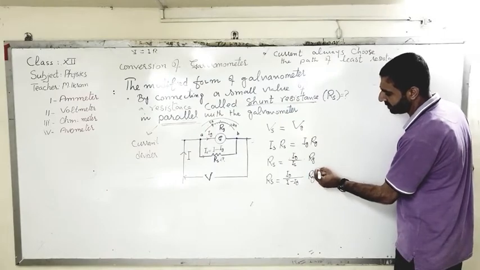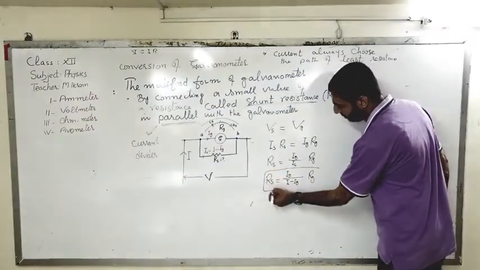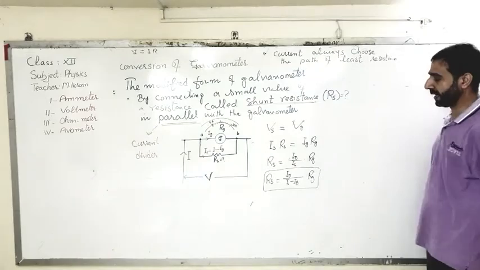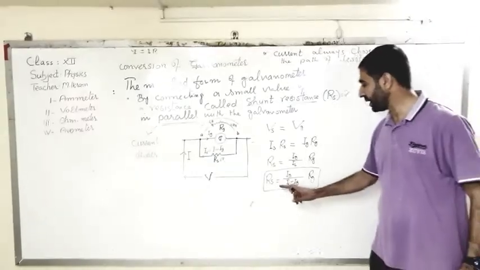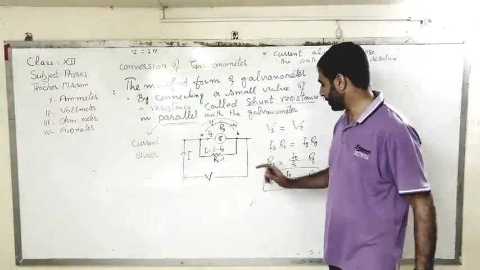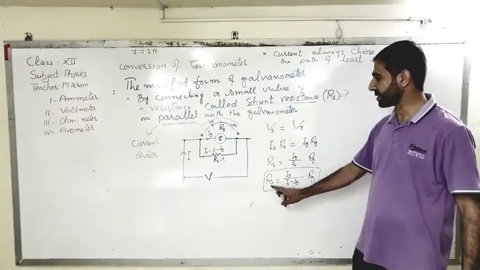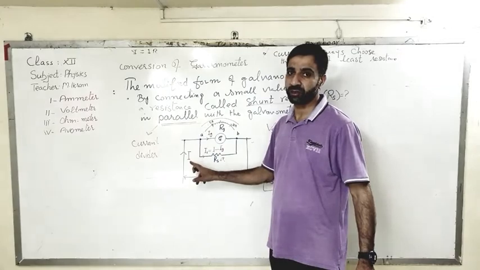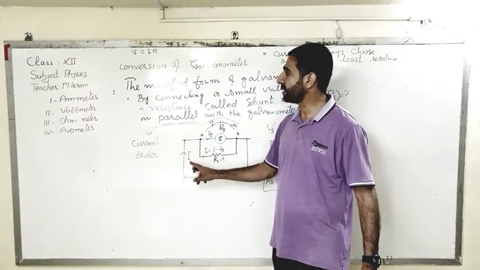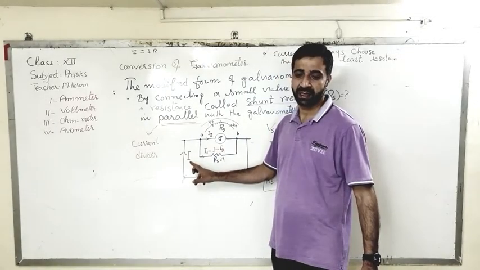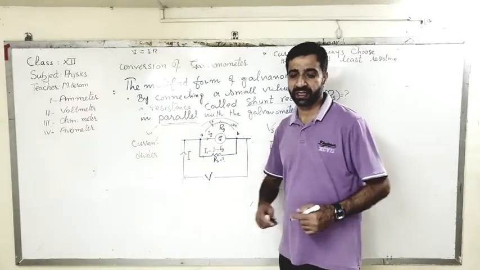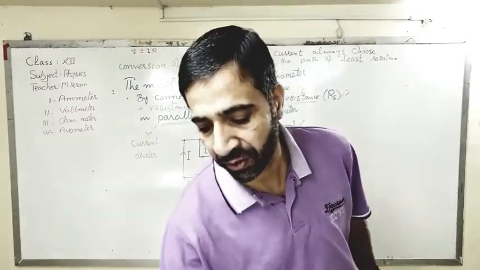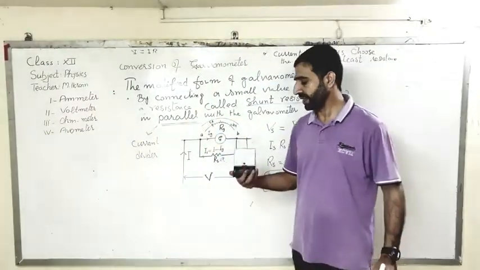So this is the expression which will help you in calculating the value of the shunt resistance for your desired current I, for which you want to convert the galvanometer, and the final shape of your ammeter will look like this.